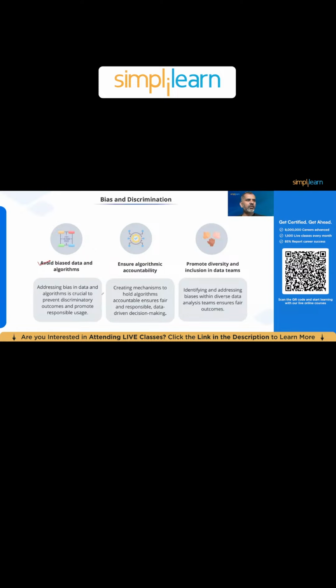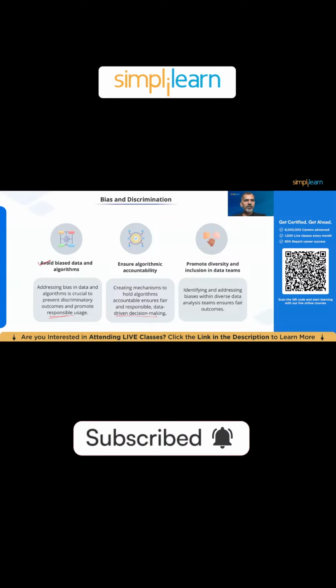Addressing bias in the data and algorithm is crucial to prevent discriminatory outcomes and promote responsible use as well. That's a very important concern whenever we build such models that are specifically built for a community, for societal applications. While doing this, we ensure algorithmic accountability also. That means we have to create mechanisms to hold algorithms accountable and ensure fair and responsible data-driven decision making.